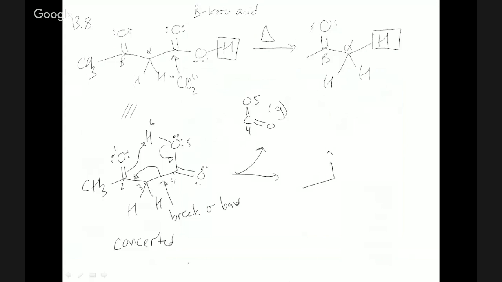What do we have? We form an enol. Remember we talked about the keto-enol tautomerization. This is a tautomer of the ketone. The equilibrium lies far toward the ketone. This is much more stable. This is intermolecular.